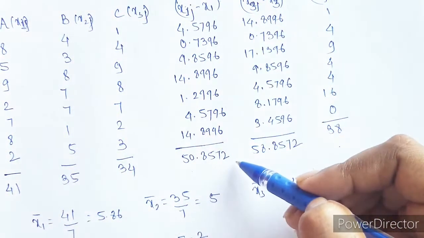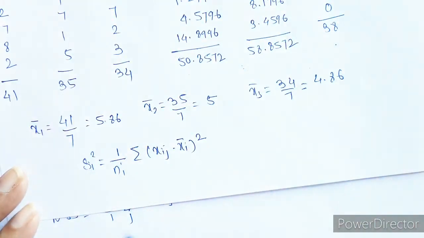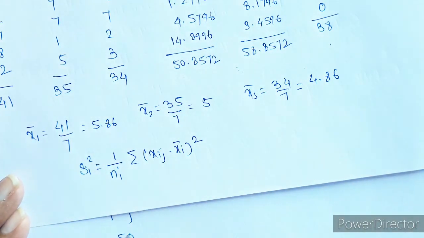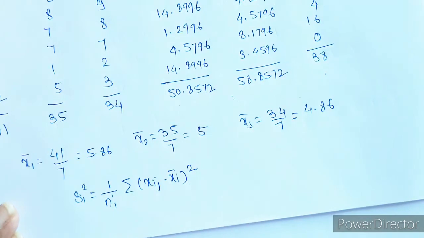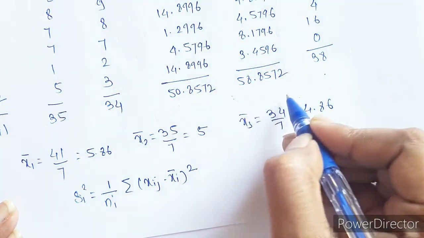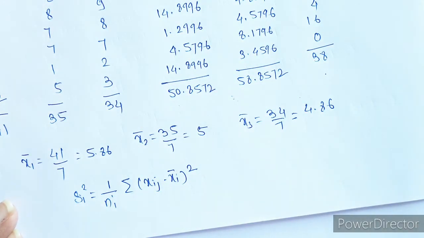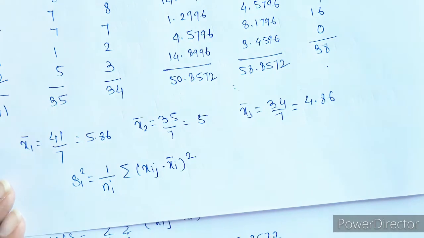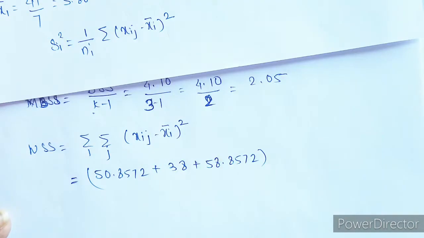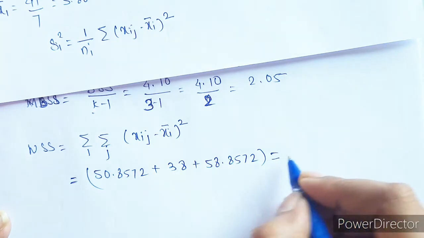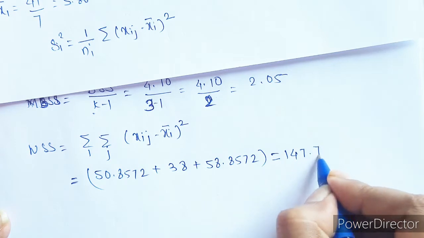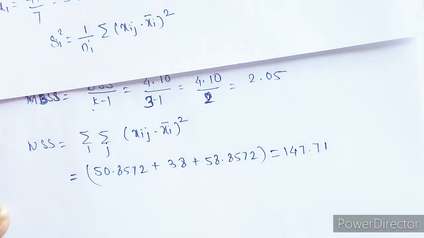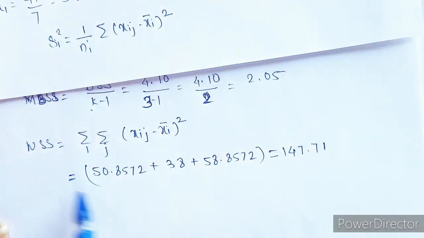Because we already have these, I am directly copying these terms. The first one is 50.8572, the second one is 38, and the third one is 58.8572, which is equal to 147.71. So now we got the sum of squares within the classes.